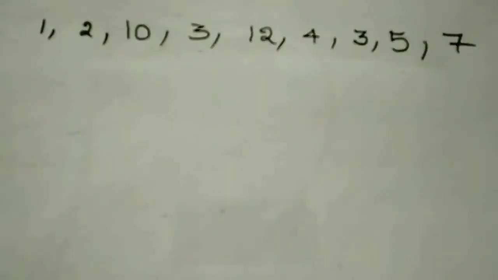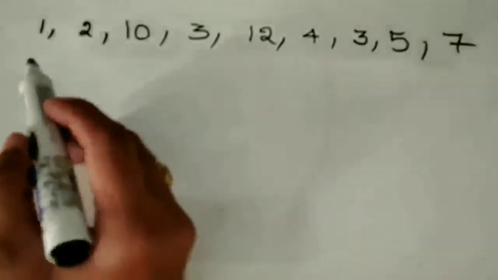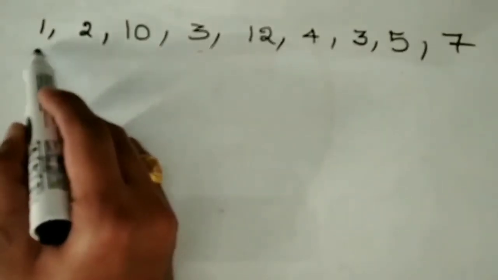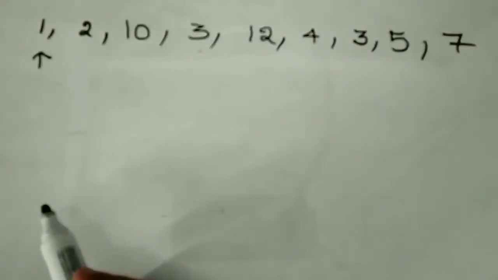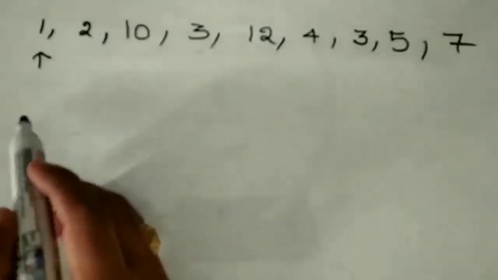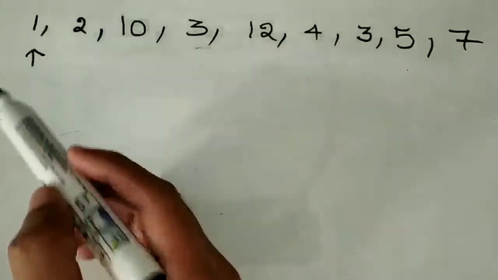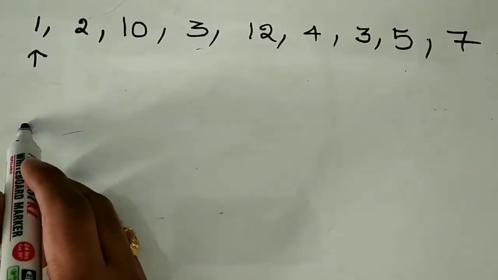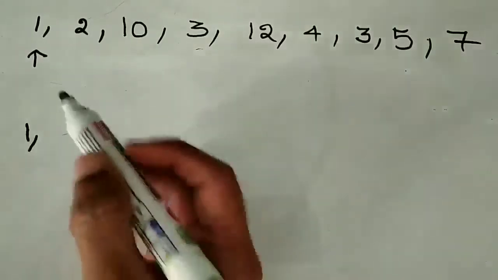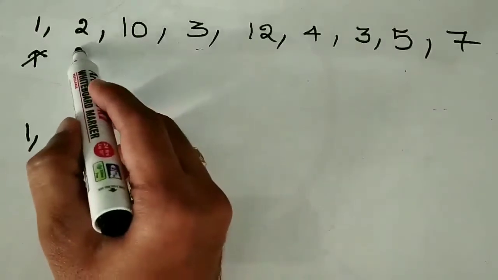Okay. Here I have taken another example and let us see how to identify the longest increasing subsequence. Here I start with the first element in the given array and I will add it to another array. Because this is the first element, I will directly add it to the other array and I will move on to the next element.